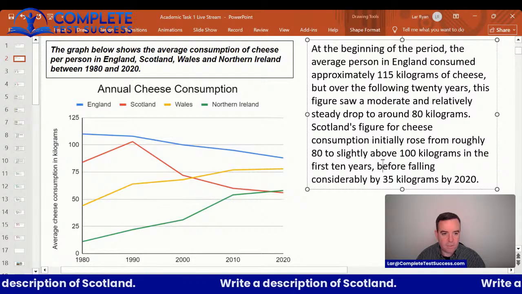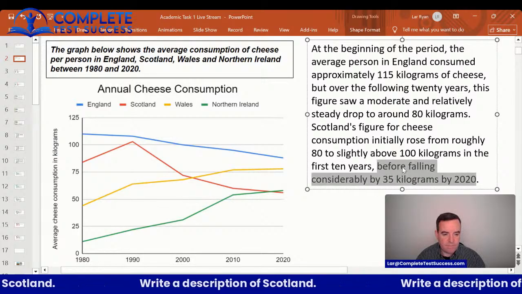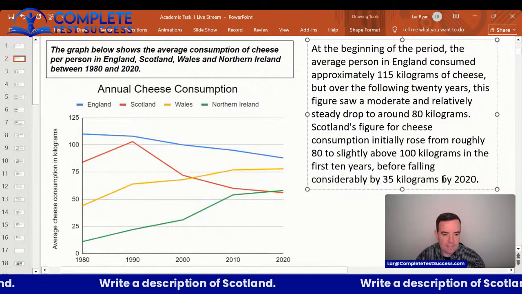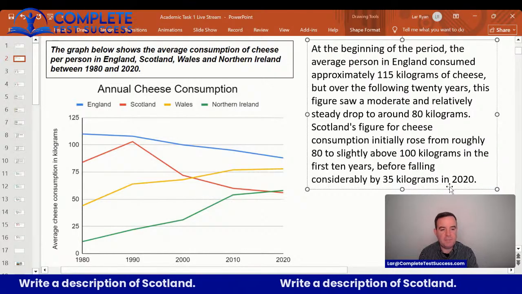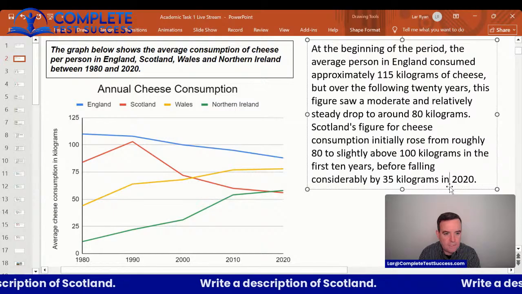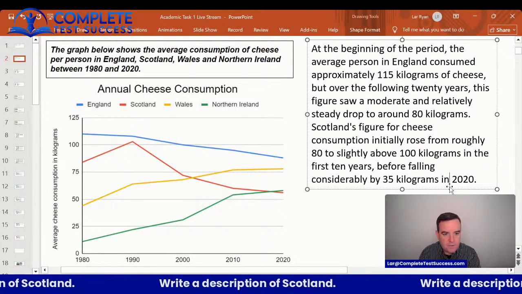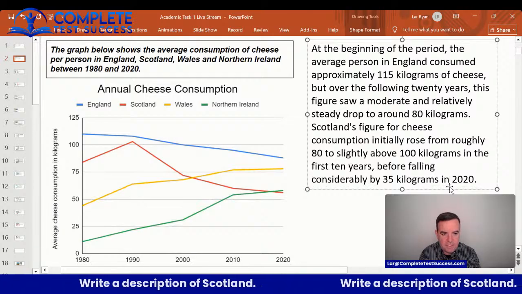Perfect. Before falling considerably by 35 kilograms in 2020. If I want to use by 2020, I'd have to use past perfect. So let's not overcomplicate it here. Before falling considerably by 35 kg in 2020.